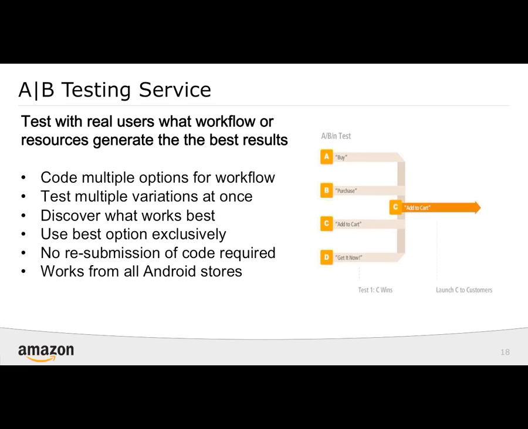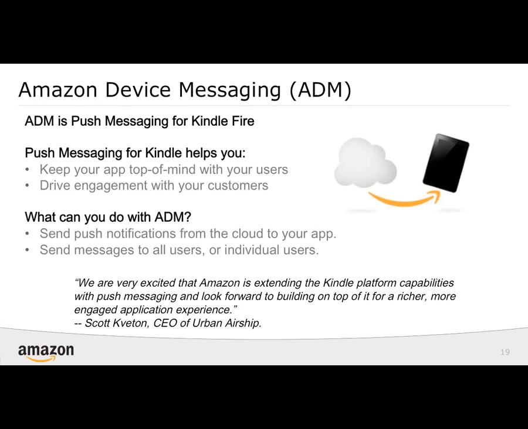One of the other things that we can do is help you stay engaged with your customers through Amazon Device Messaging. This lets you push a message to some of your users or all of your users, and you could use this very similarly to the way that you use the Google messaging service. It sends a JSON package out to our server.